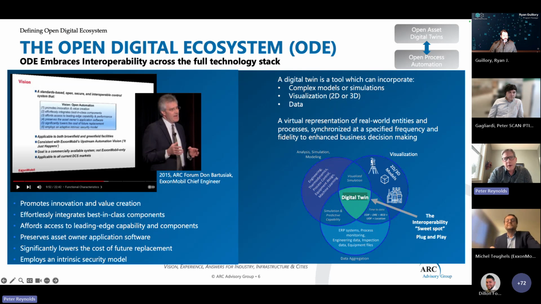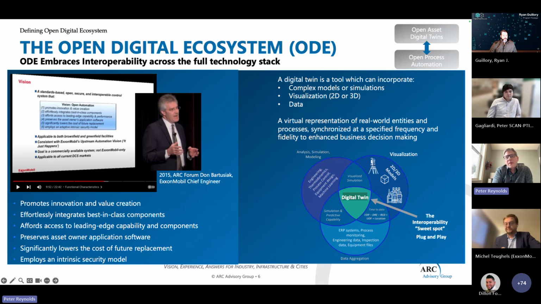So the picture there is Don Bartusiak in 2015 keynoting the ARC Forum, and Don introduced a new concept for automation, and that was to turn automation on its head and introduce ideas around promoting innovation and value, effortlessly integrating best-in-class products, preserving the asset owner information and application software, and lowering the cost of future replacement.